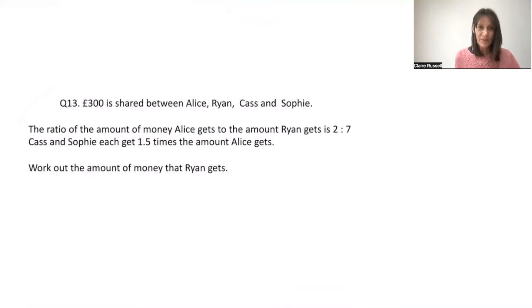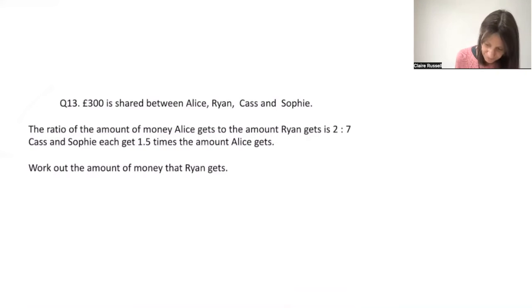Okay, so we've got £300 being shared between 4 people. The ratio of the amount of money Alice gets to the amount Ryan gets is 2 to 7, and then Kaz and Sophie each get 1.5 times the amount Alice gets. So the first thing to do here is to sort this out so that we can see the ratio of all 4.